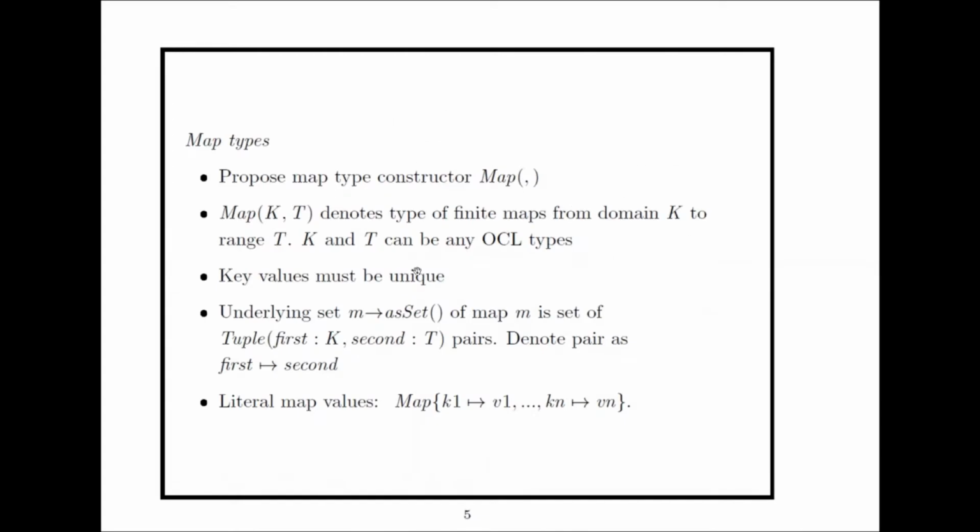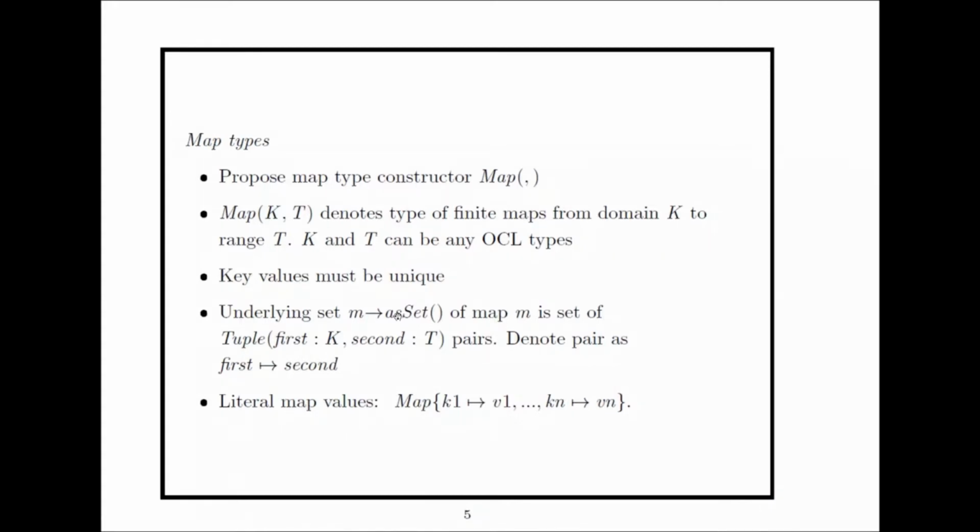Well, maps are fairly obvious what a map has to be. It can be represented by means of a type constructor in the OCL style. So instead of having sequence with one parameter, we have map with two parameters, those parameters being the key type and the value type. And of course, there's the constraint that key values must be unique.